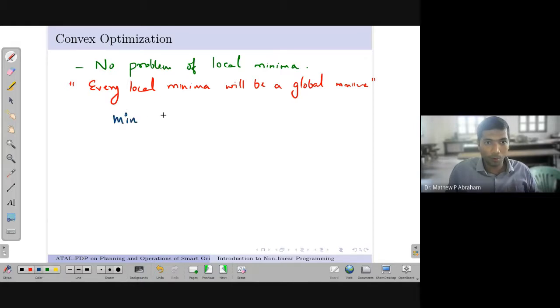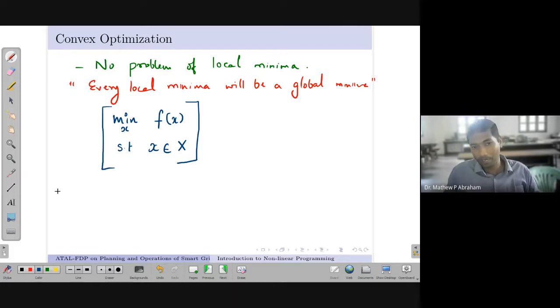The formulation is: minimize the objective function f of x, x being the decision variable, subject to x belongs to the set capital X. In the case of convex optimization problem, I am adding a few constraints to this problem. Even though it is a nonlinear programming problem, I am putting additional constraints so that I don't need to worry about the local minimum.